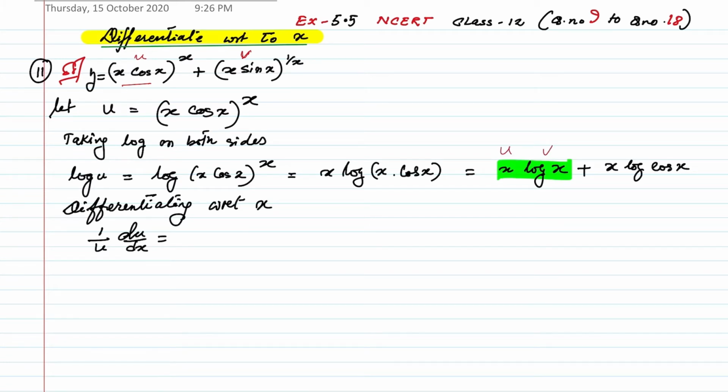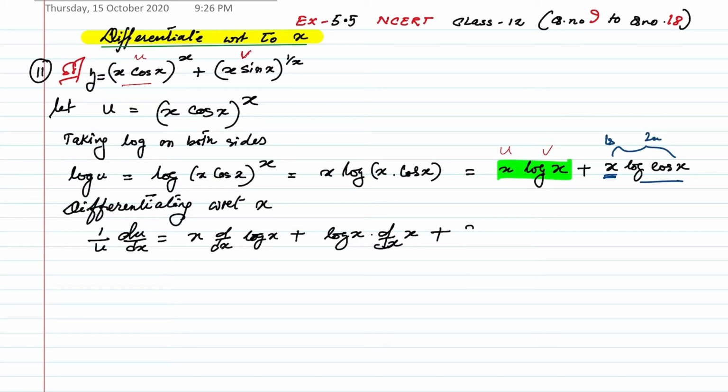Okay, first function x, derivative of the second function, that is derivative of log x, plus second function, that is log x, derivative of first function, that is derivative of x. Then again here also we will use the same rule. So consider this one as x and this part as v, first function, second function.